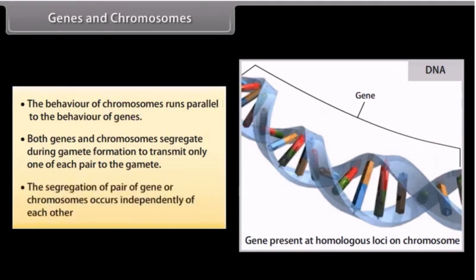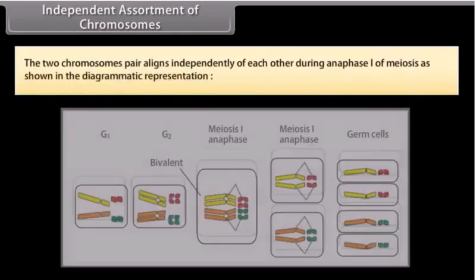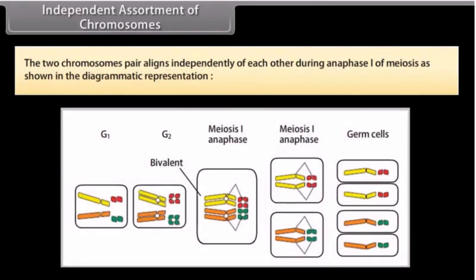The segregation of a pair of genes or chromosomes occurs independently of each other. Independent assortment of chromosomes. The two chromosome pairs align independently of each other during anaphase 1 of meiosis, as shown in the diagrammatic representation.